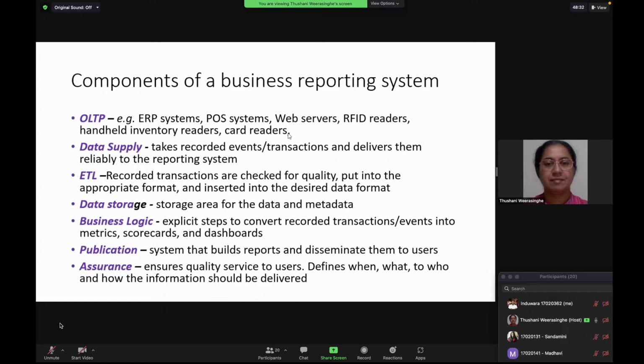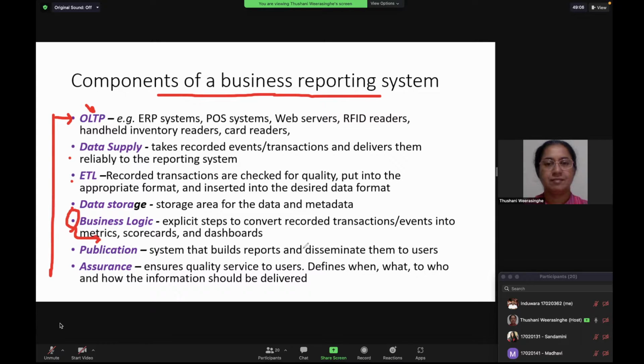And in a business reporting system, usually we have these components. You have to remember them as well. Operational online transaction processing systems need to be there, because this is about business reporting. And when you want to get the data from that, you need to get connected to it. So the data supply, ETL process, data storage, and some kind of business logic need to be there, otherwise we don't know what needs to be prepared.